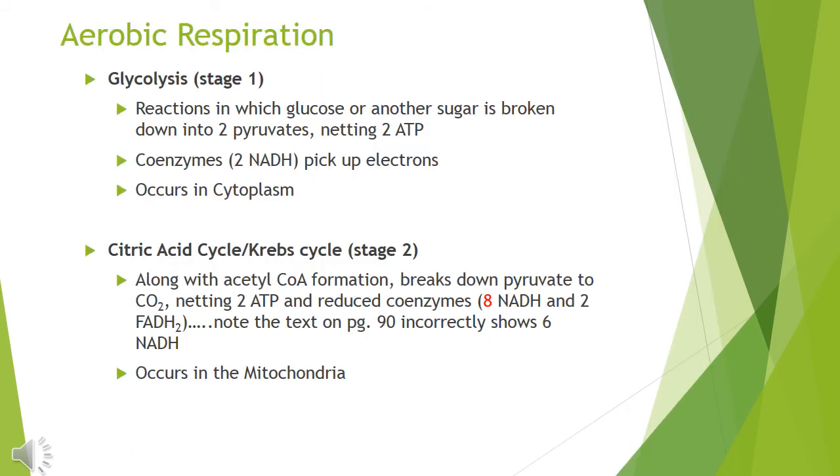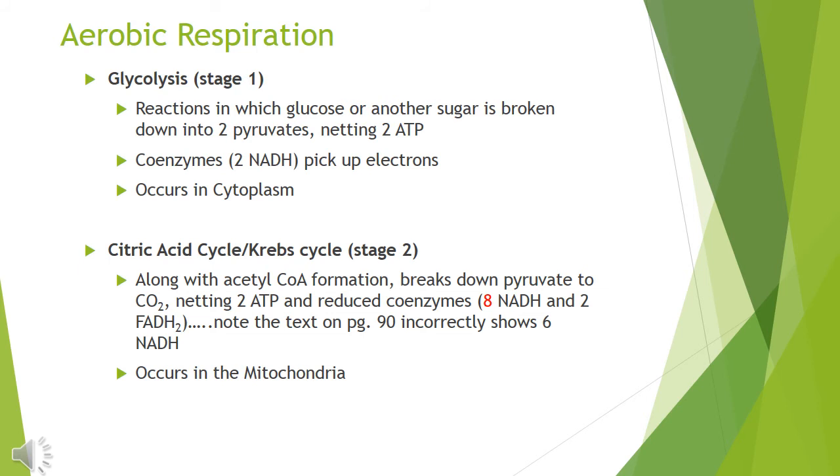Here's a nice way to think about what we've just talked about. We've thrown a lot of information at you. Aerobic respiration starts in the cytoplasm, and it's called glycolysis, which is stage 1.